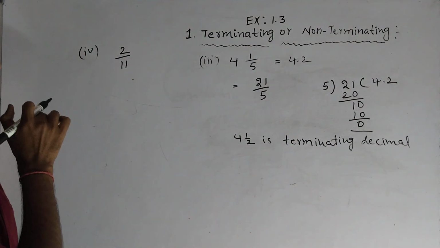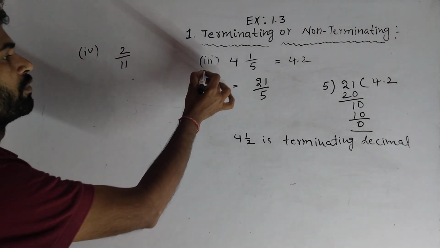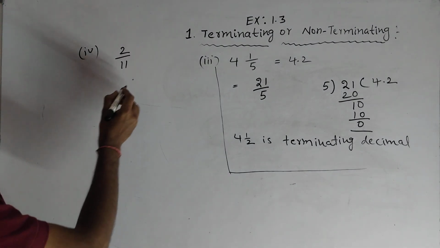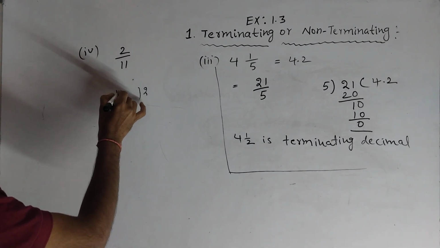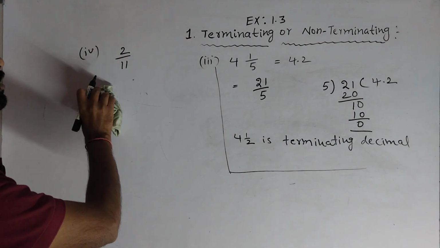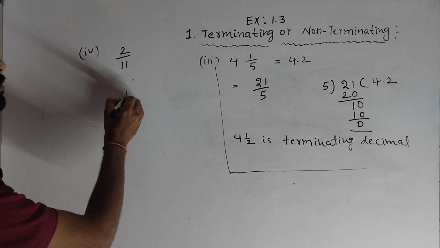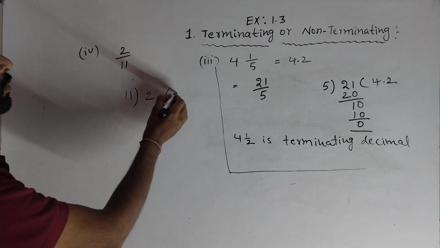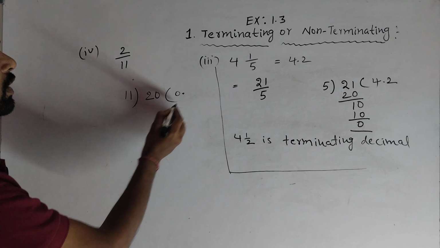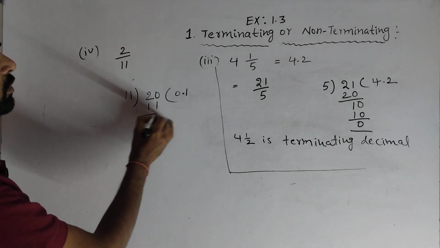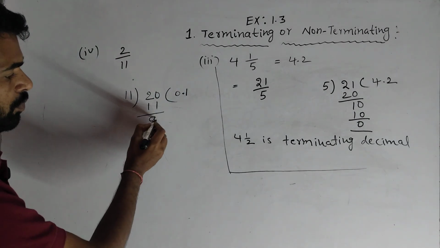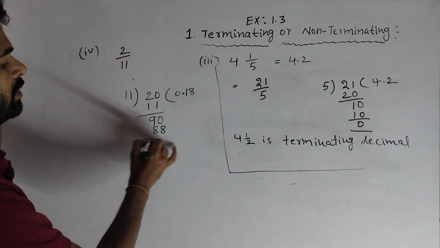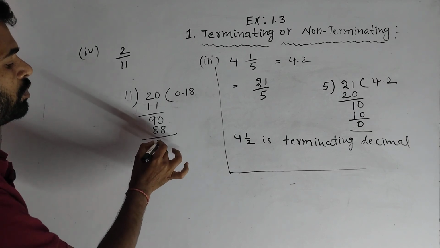One more question here, the fourth question. 2 by 11, we should check whether it is terminating or not. Okay, dividing 2 with 11. Point, I am taking 20, 11 one time 11. So 9 is the remainder. For point I am taking one more 0. 11 8s are 88. 90 minus 88 is 2.